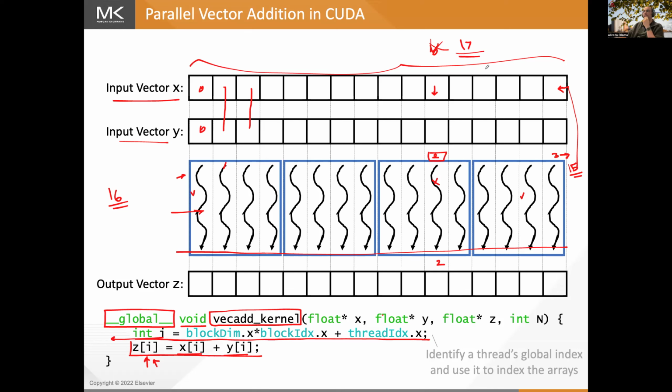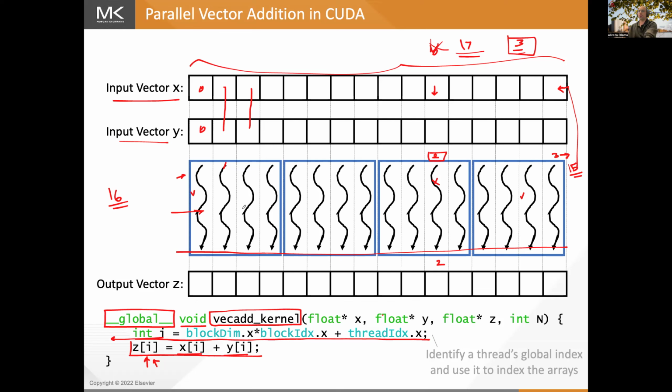In this case, I needed to create another block as well. So I had 5 blocks and in total 20 threads. And in this case, I have 3 threads more that should not do anything, right?